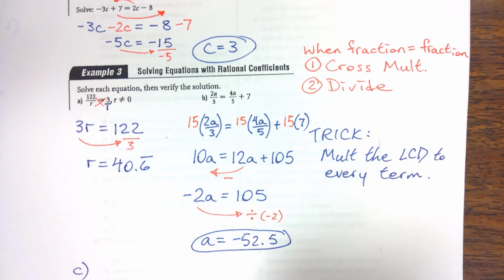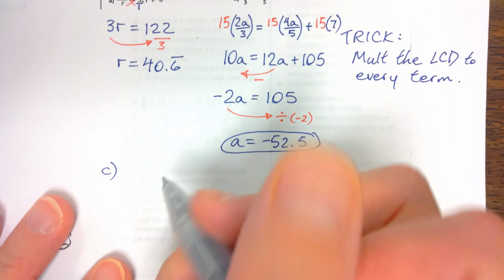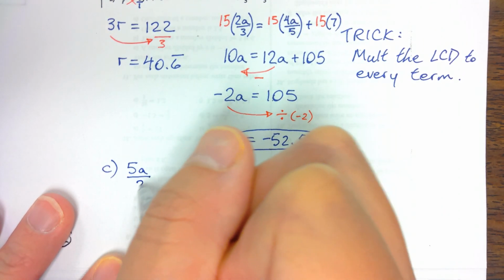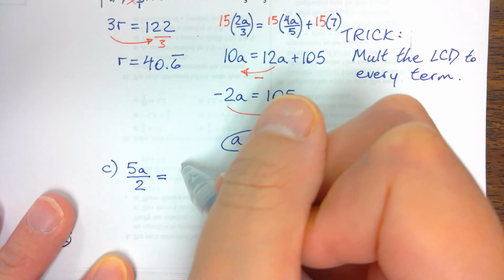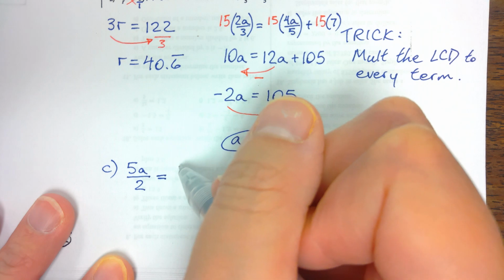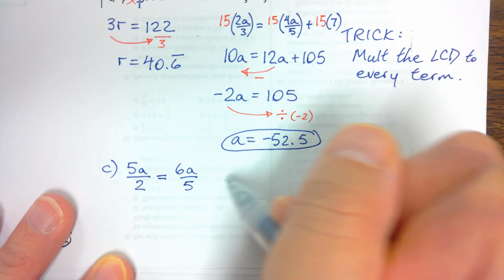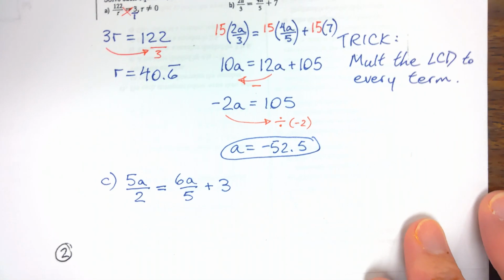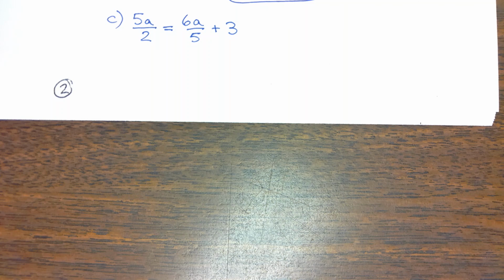I want you guys to try it. 5a over 2 equals 6a over 5 plus 3. Okay, can you guys try this one right now? Try this. I'll pause.